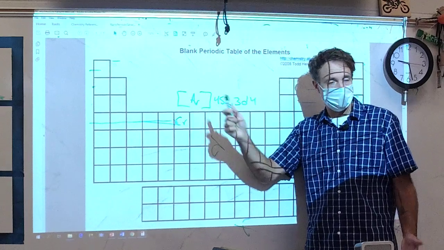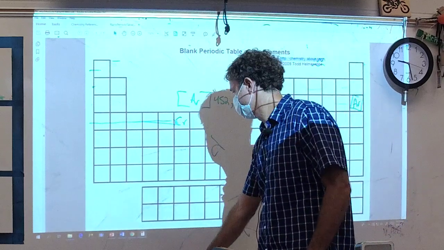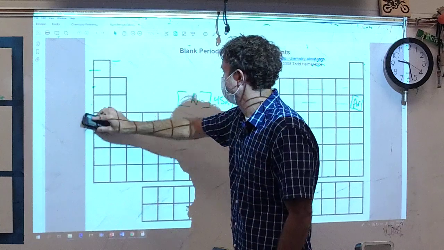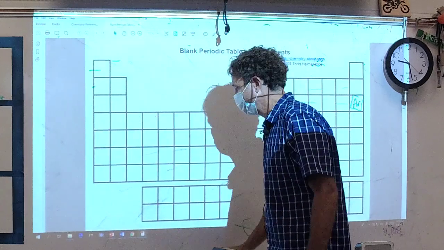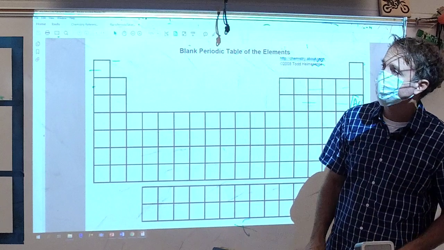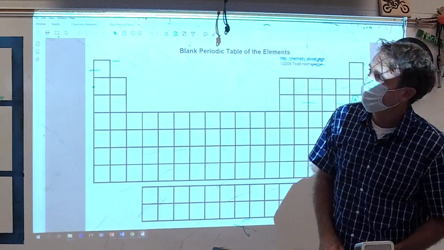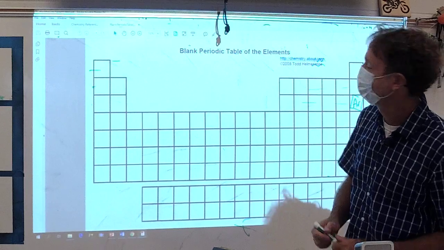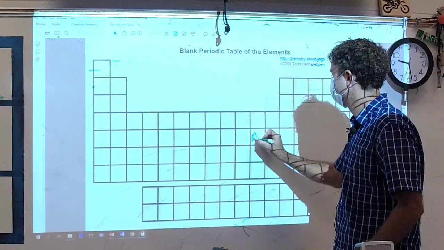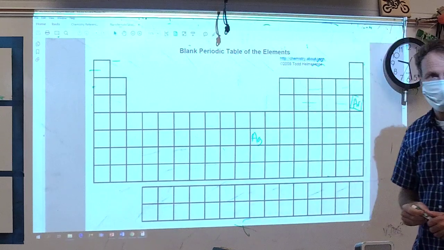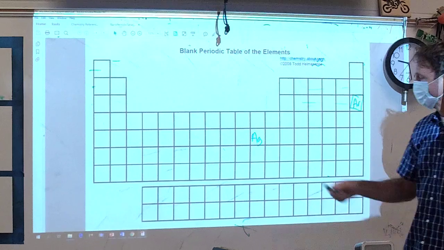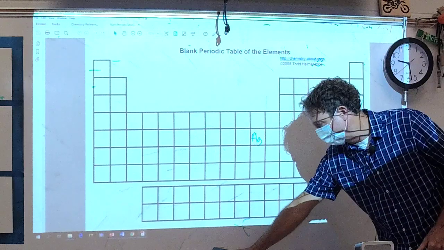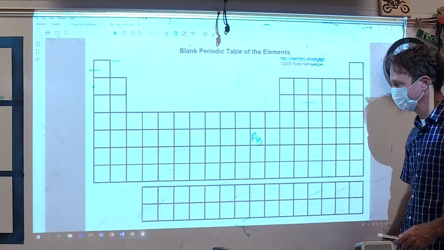Is everybody with me? Let's do another one just for the heck of it, because these are super easy. What if I asked you to write me a noble gas configuration for silver? Silver. Here's silver right here. Okay? I will go like this. I will go backwards from silver.